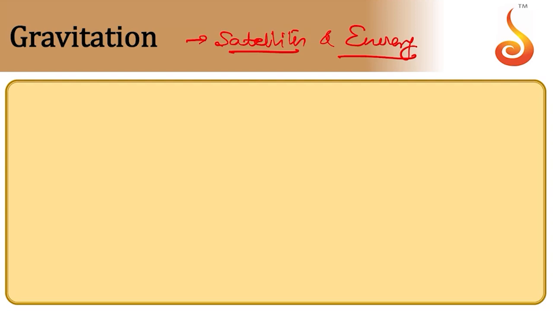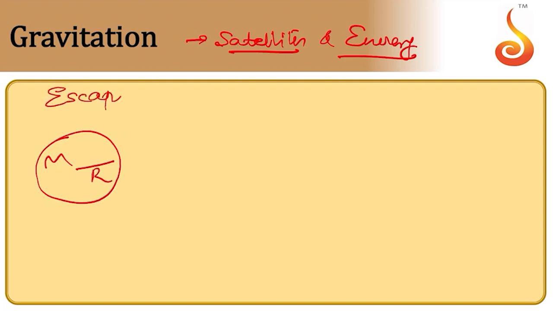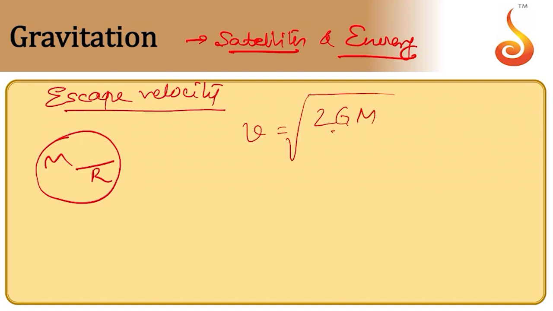Let us consider a planet of mass m and radius r. Then escape velocity from the planet is given by square root of 2GM divided by r.